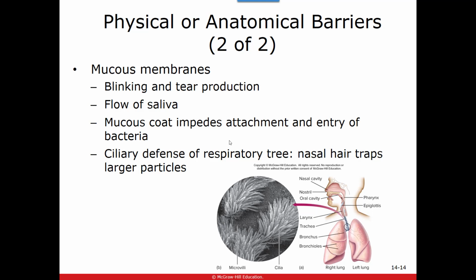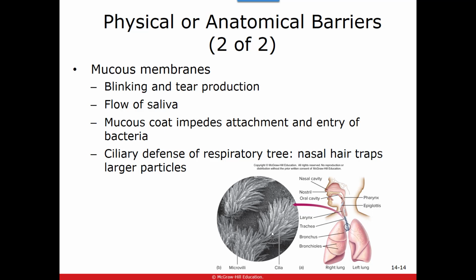The mucus can trap microbes. Your respiratory tract also has cilia lining it that are there to trap particles and prevent them from getting into the body itself. So all of these things are just to prevent microbes from getting in: physical or anatomical barriers.